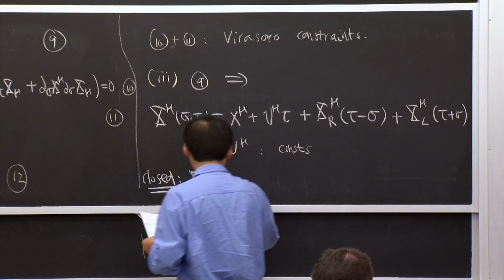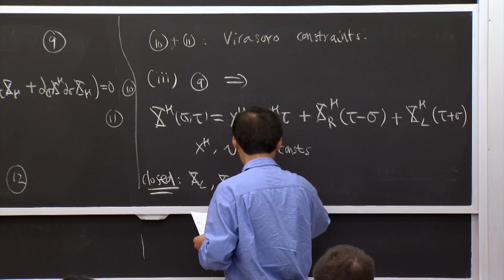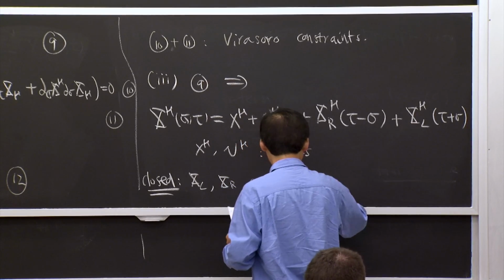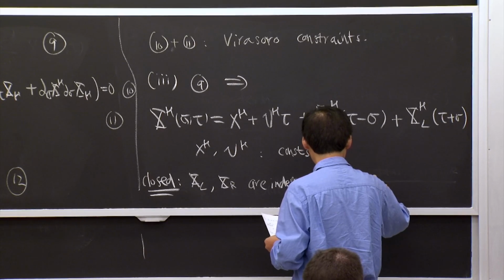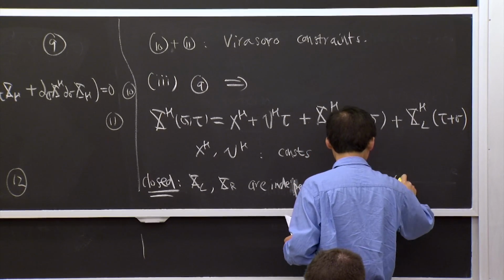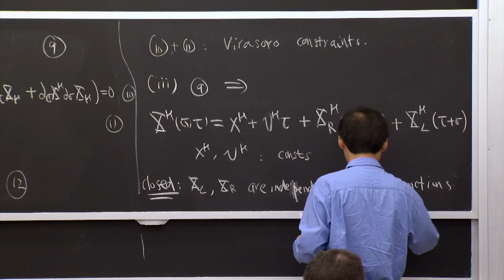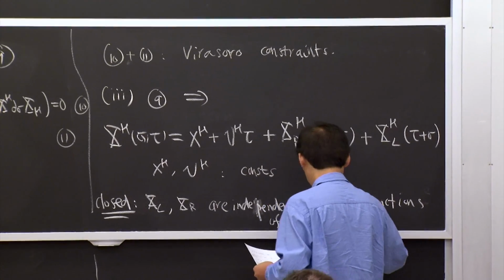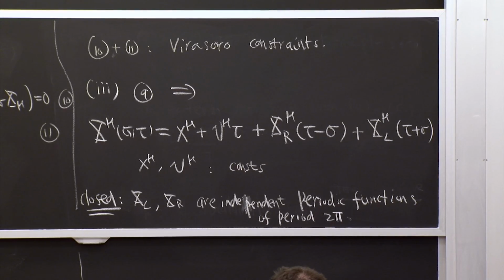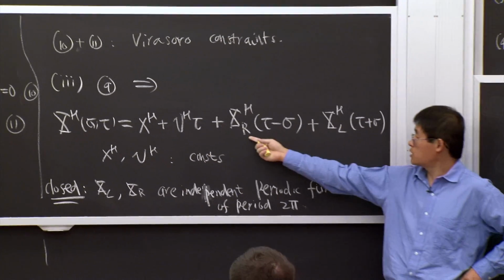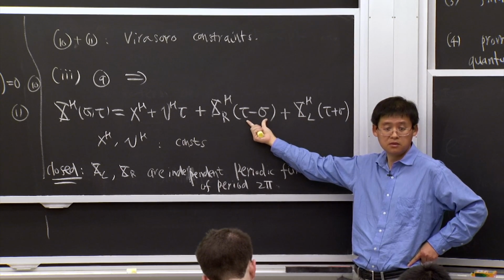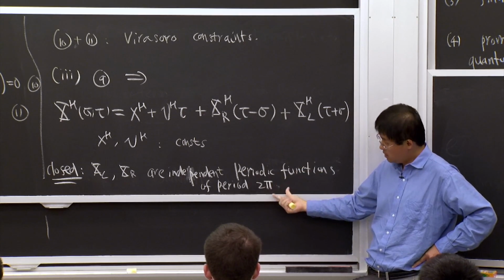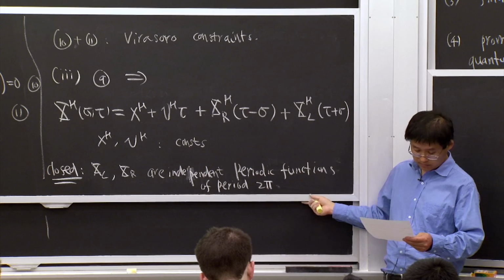For closed strings, xl and xr are just independent. They should be independent periodic functions of period 2 pi, because xl and xr are a function of a single variable, and they have to be periodic in sigma, which means this as a function has to be periodic.